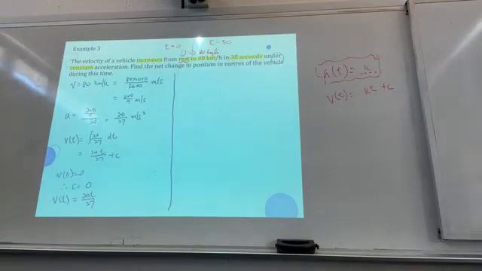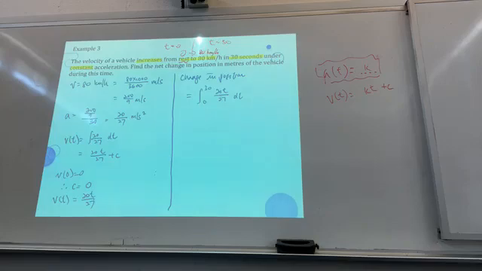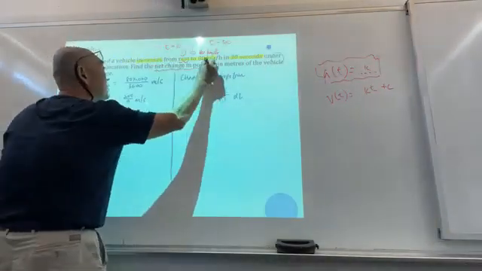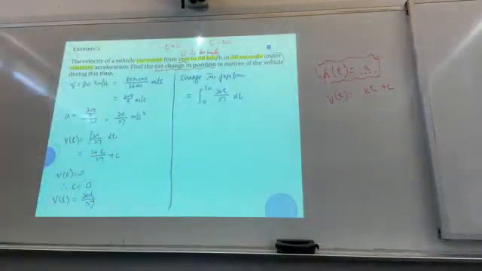So once you've done that, you should be able to think about the change in position. You want from 0 to 20. This change in position is the net change in displacement, the total change in displacement, so you can just find the integral.